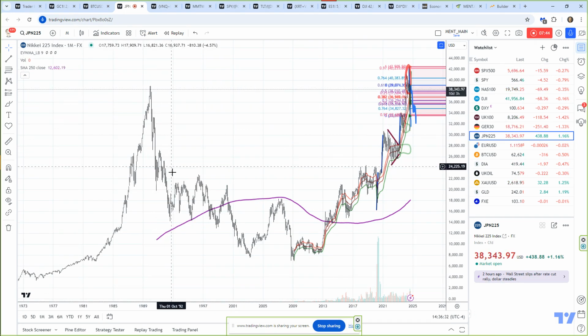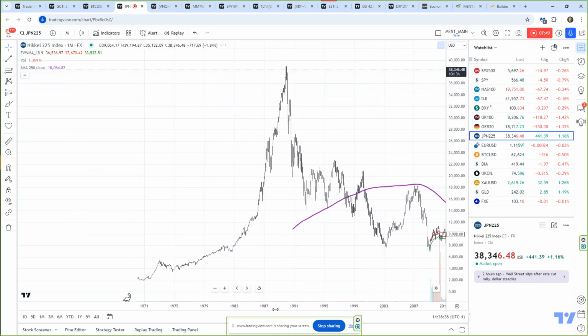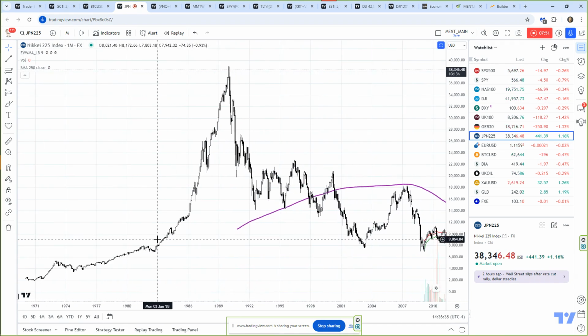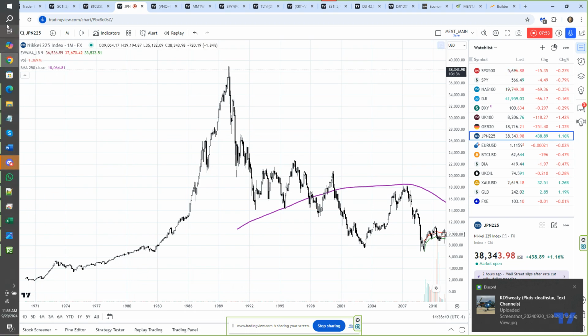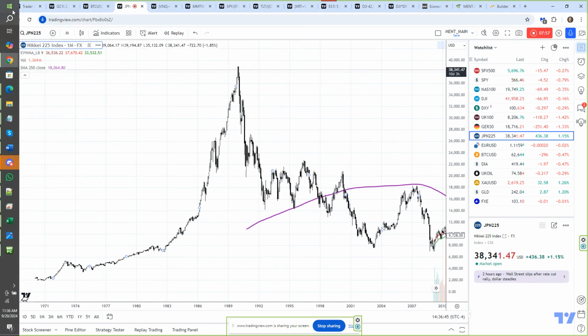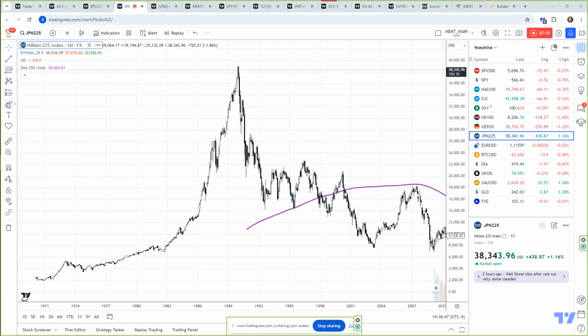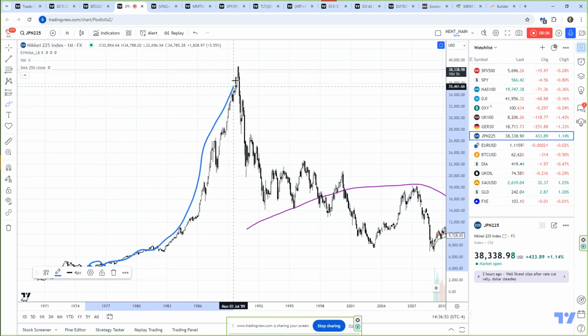That's what this reminds me of: China went through, or is going through, something very similar to what happened in Japan, roughly over in this area, basing and building some growth, and then peaked.